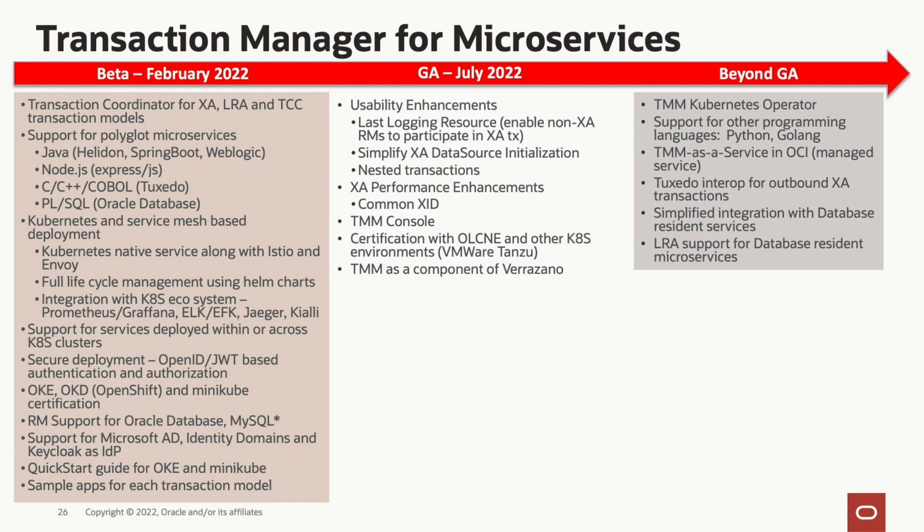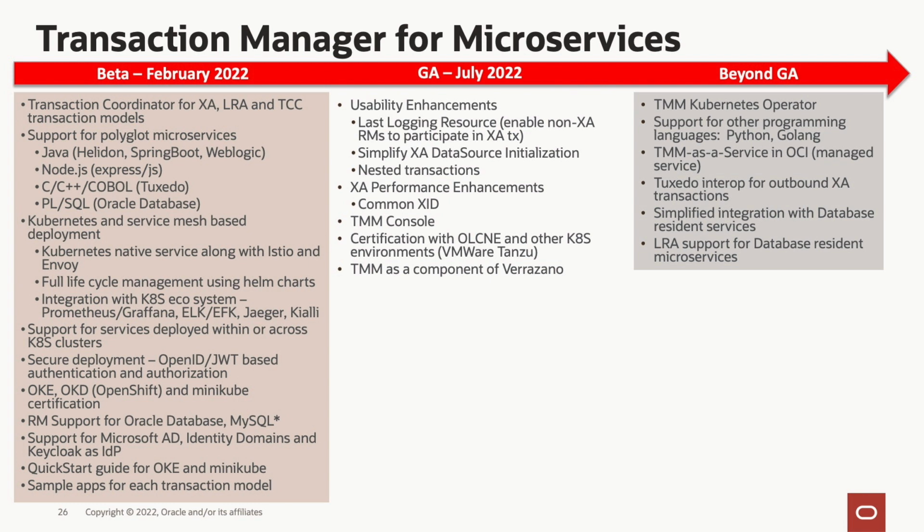So when we are calling into Tuxedo and invoking a service within an XA transaction, that is supported, that will be supported as part of GA. But for outbound, if someone initiates a transaction from a Tuxedo service and invokes Node.js or Java or other language microservices, so that's the outbound support.